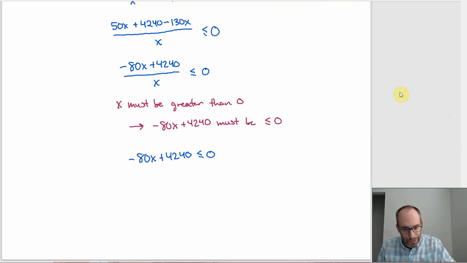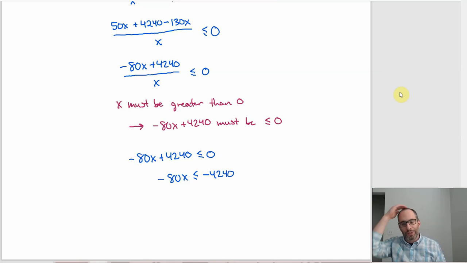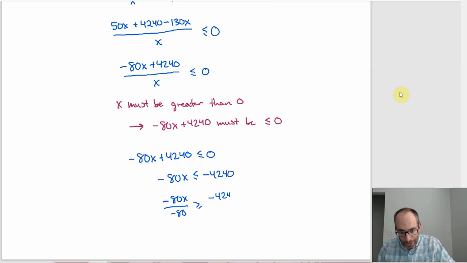All right, well, I guess we could subtract 4240 from both sides, and we get that negative 80x is less than or equal to negative 4240. Be careful of this next step, because you're going to have to divide by a negative, and so that would mean that the direction of the inequality would have to reverse. So you'd have negative 80x over negative 80 greater than or equal to negative 4240 over negative 80.